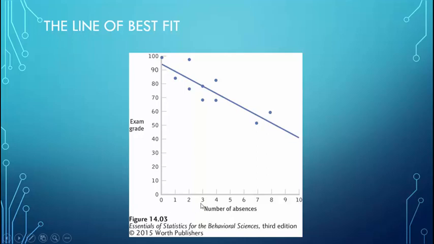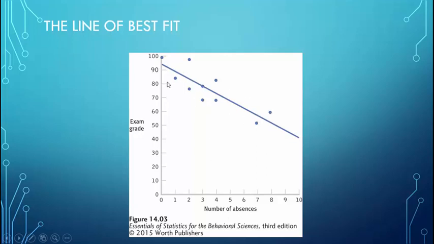If all you needed to know was number of absences in order to find someone's exam grade, then these dots should fall in a perfect line. It would be a perfect correlation because nothing else impacts exam score but number of absences. In this case, that's not the case. Number of absences tells us something.